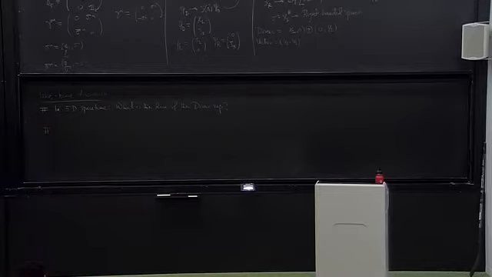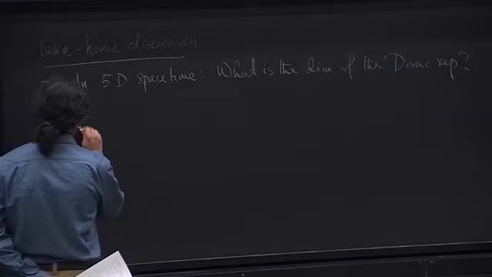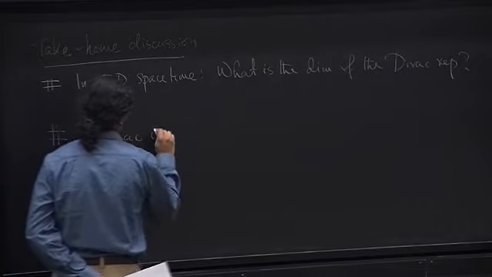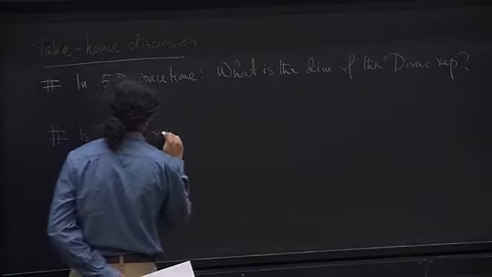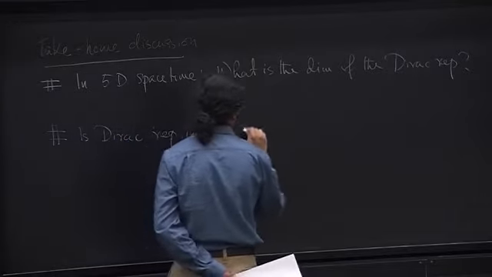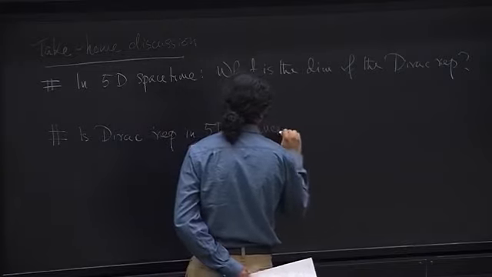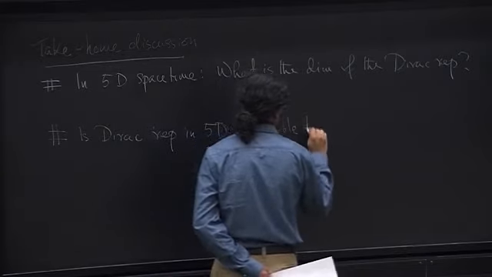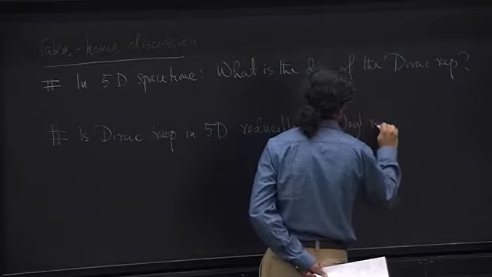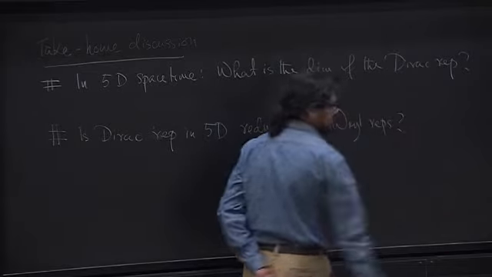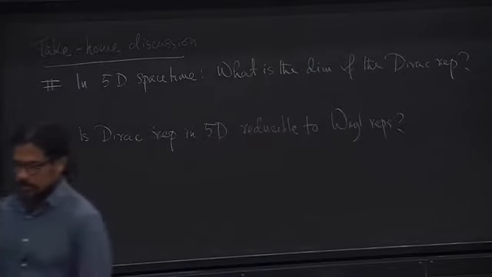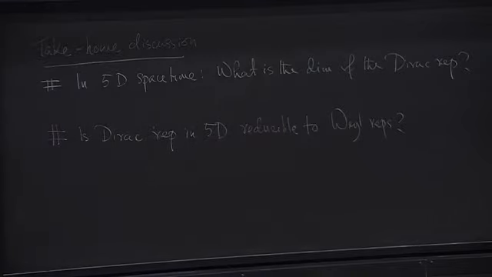The other question is, is the Dirac representation in 5D reducible to Weyl representations? Okay? Is there an analog of a left-handed and a right-handed? So these are things that I want you to think about.